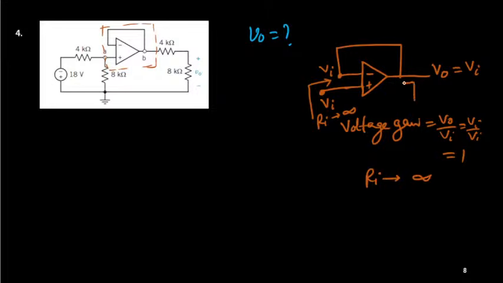And output resistance, if you look from this side, this is called output resistance R naught. R naught, for an ideal op-amp, is going to be 0. So this is one device which will offer voltage gain 1, input resistance infinity, output resistance 0. This combination is called voltage buffer.